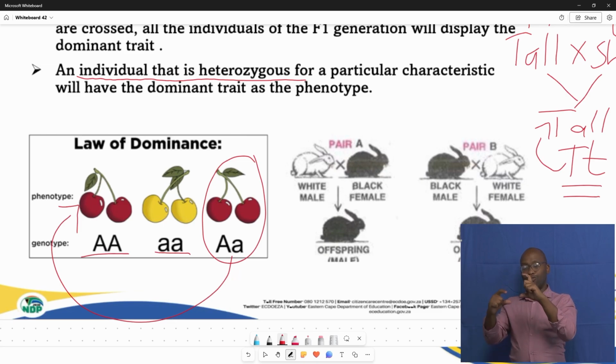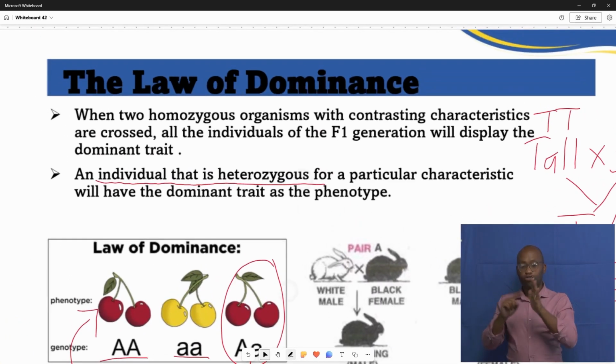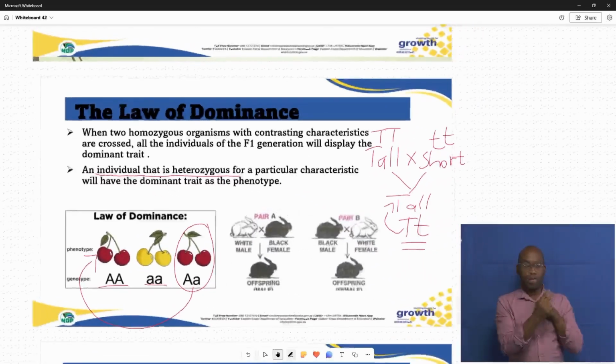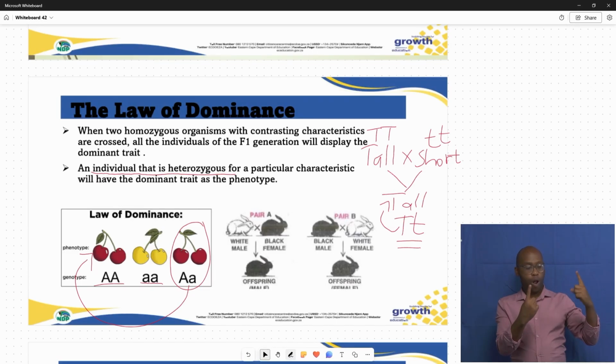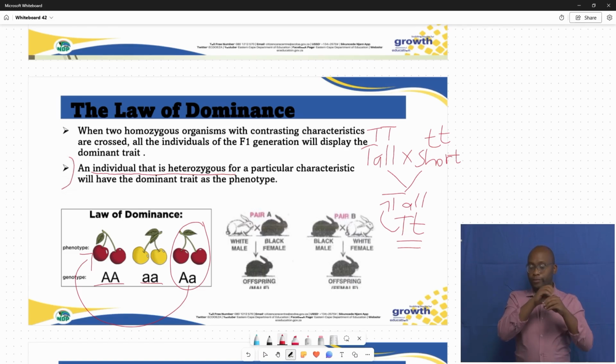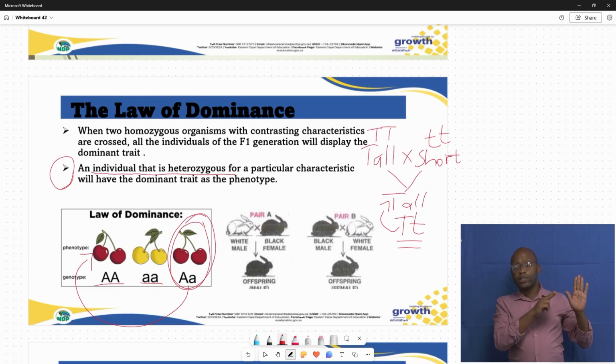So both parts of the law apply here, because the first one says you have two organisms with contrasting characteristics, as we have seen, and then all the individuals of the first generation produced have the dominant trait. And also, if you look at the second part of the law, that says an individual that is heterozygous for a particular characteristic, as we can see this one here, it has the dominant trait as the phenotype.